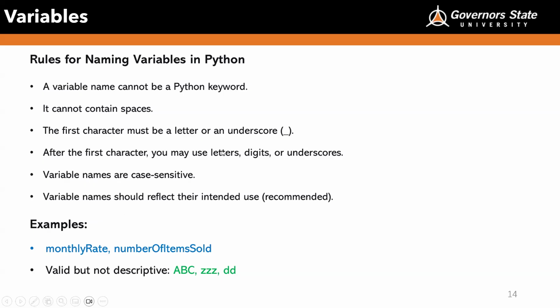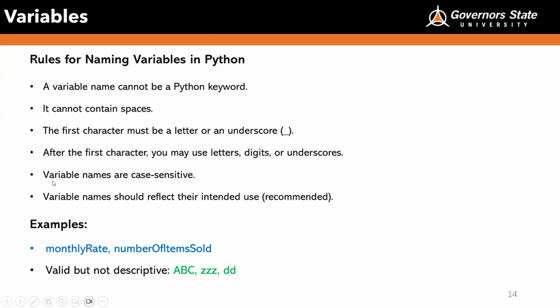Also the first character must be a letter or an underscore. After the first character, you can use letters, digits, or underscores. Which means you cannot start with a digit. That is quite important.